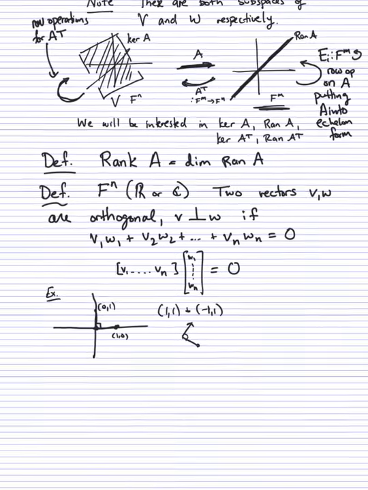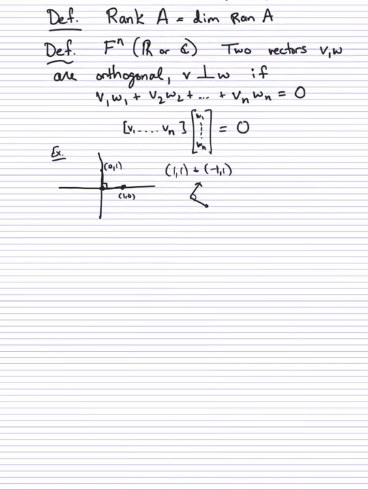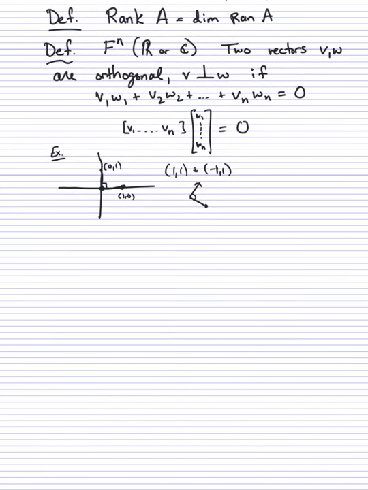Before justifying why I'm introducing this definition, let me say first that if V is perpendicular to Wi, for some collection of vectors W1, W2 up through Wk, then V is perpendicular to a linear combination, alpha 1 W1 up through alpha k Wk.